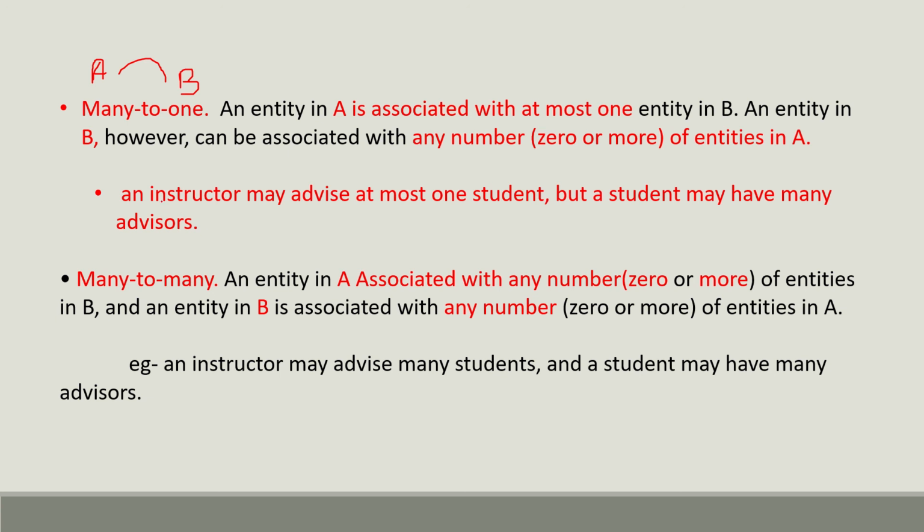As an example, an instructor may be an advisor. If you take this one as instructor and this one as student, from student to instructor it is many to 1.